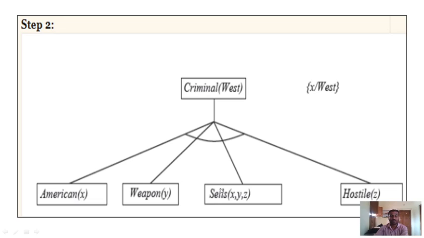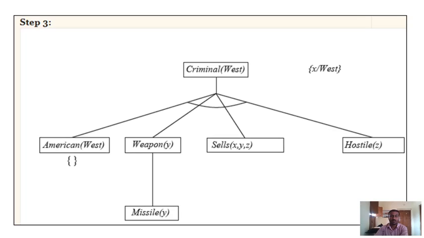With the help of this we find these things, and from these things we want to find the other things. So weapons means what type of weapons? From America there is nothing more, he is simply an American, that's all. But weapons means what type of weapons? Missiles. So those missiles we sell to the hostile country.